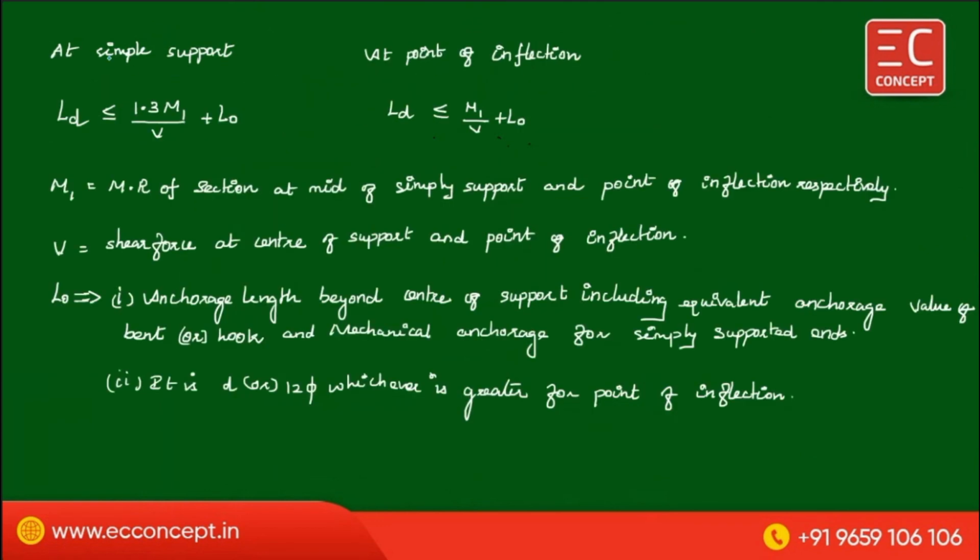Very, very important. At the simple support, the LD, the anchorage length that you have to provide, is 1.3 M1 divided by V plus L naught. At a point of inflection, LD is equal to M1 divided by V plus L naught.